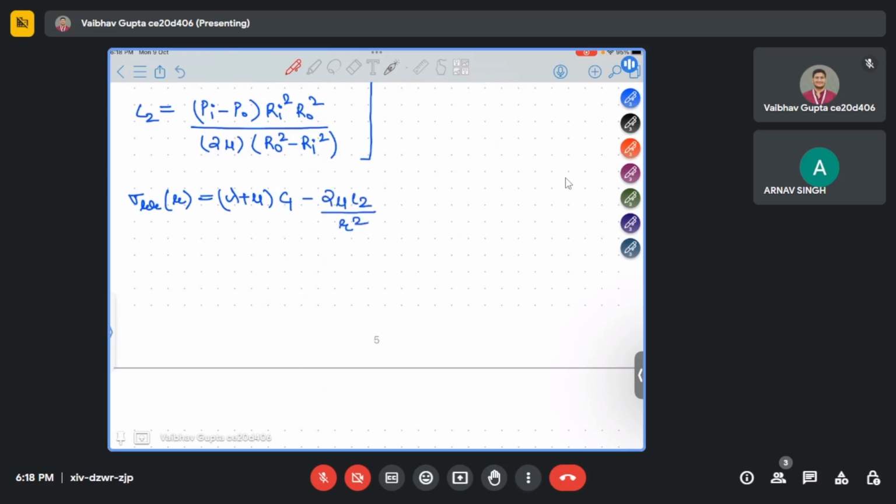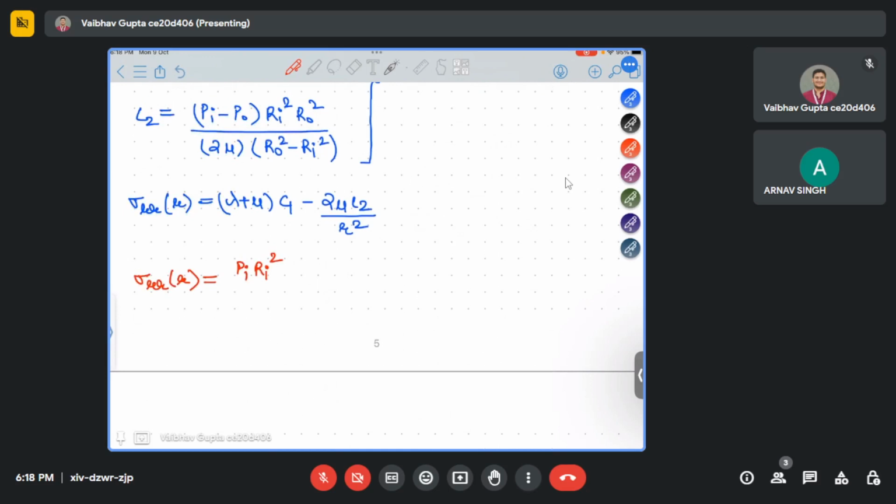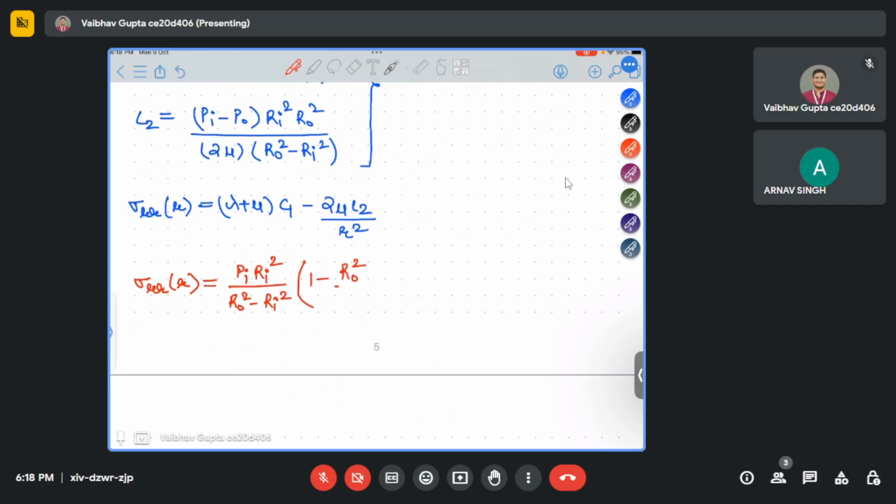So when you put the formula, sigma rr as a function of r will become Pi Ri square upon R naught square minus Ri square, times 1 minus R naught square upon small r square, minus P naught R naught square upon R naught square minus Ri square, times 1 minus Ri square upon small r square. This is sigma rr.